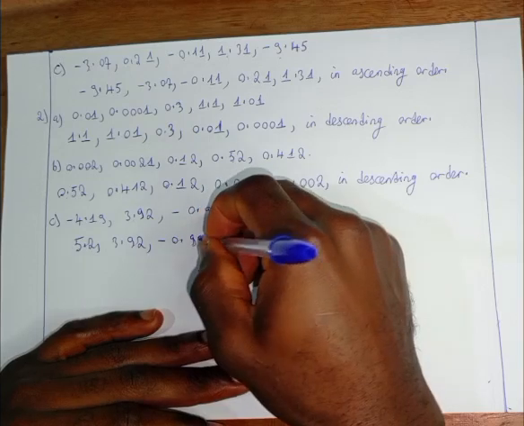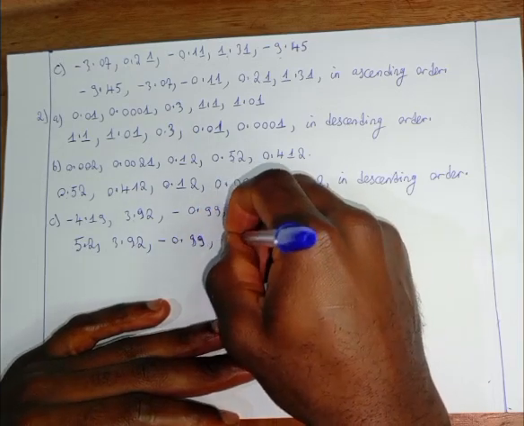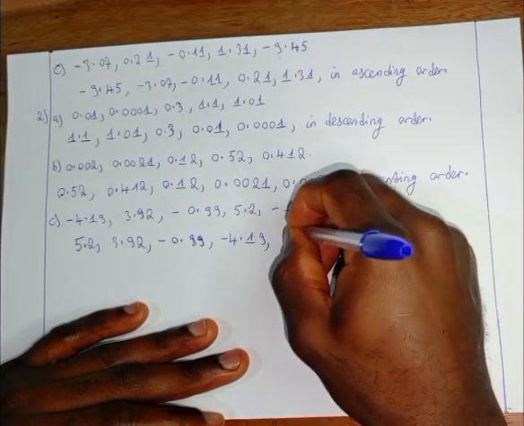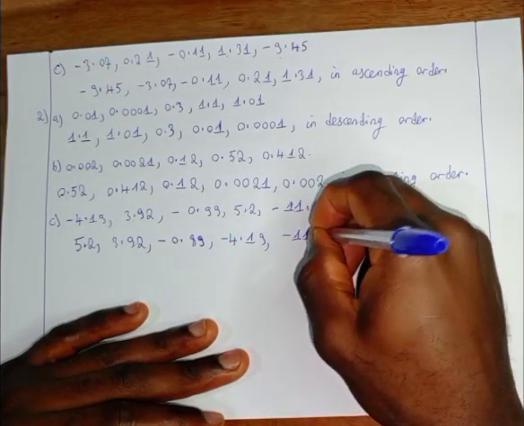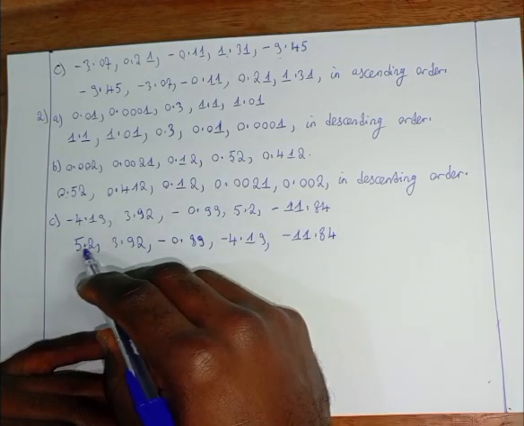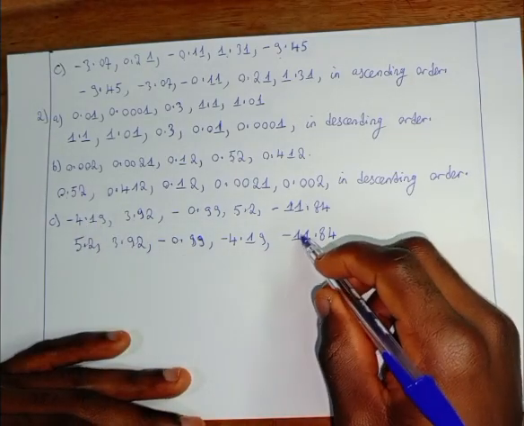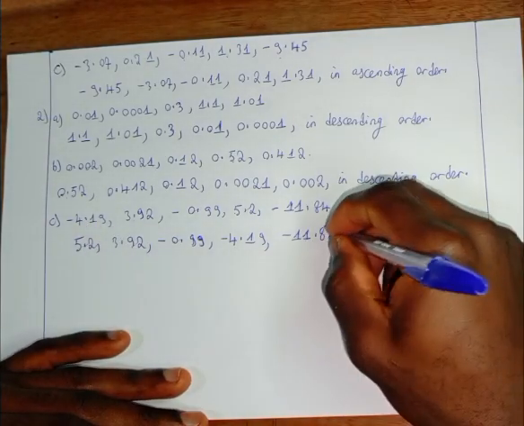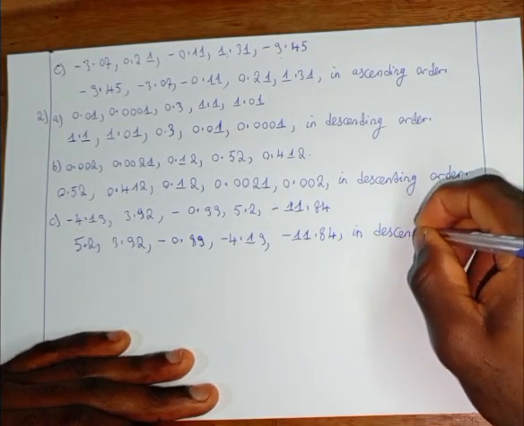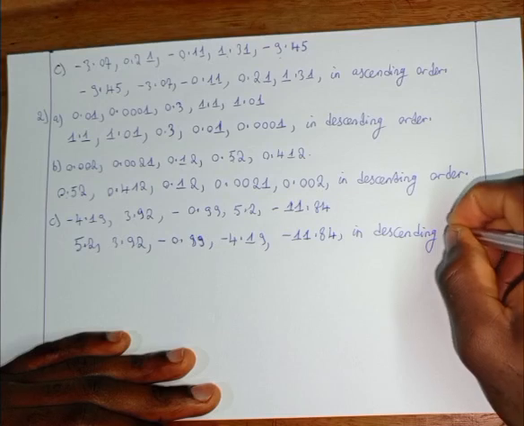After negative 0.99, the next is negative 4.19. And lastly, negative 11.84. So from the biggest to the smallest, 5.2 is the biggest, while negative 11.84 is the smallest in descending order.